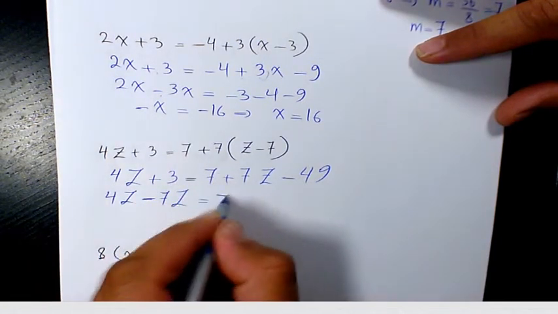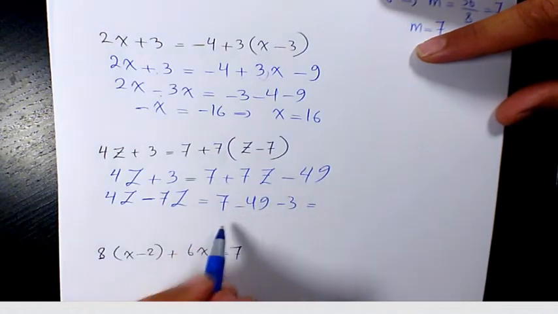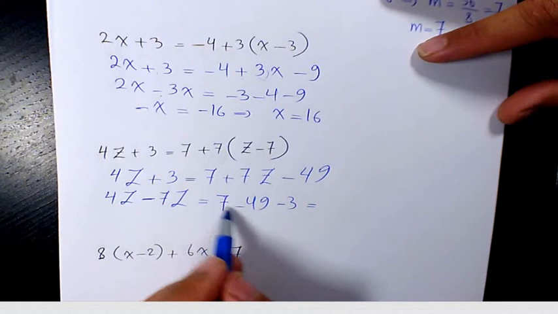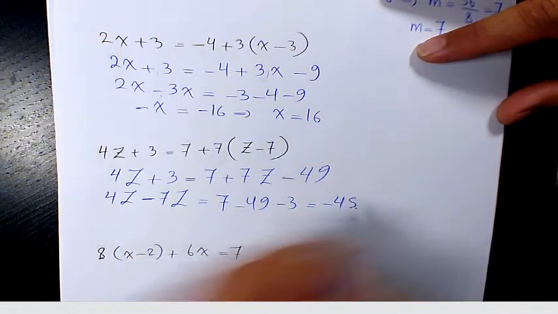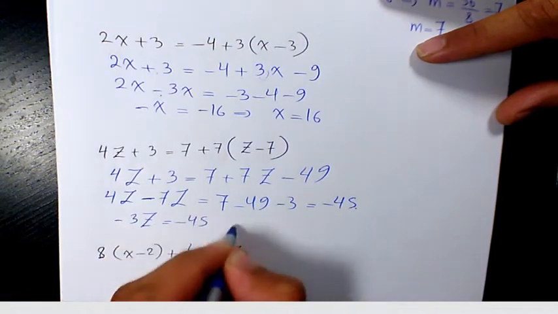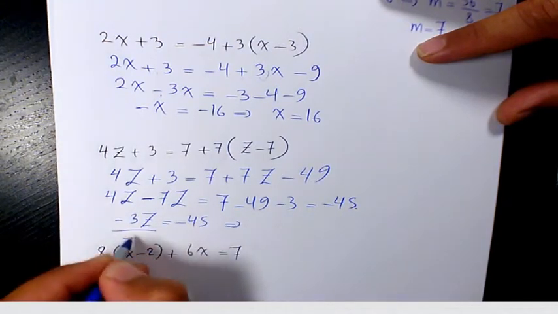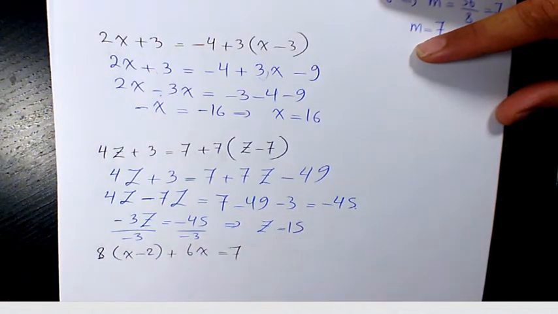So we have 7 here, negative 49 minus 3. So that's going to be 7, negative 42, negative 45. Here you have negative 3z equals negative 45. When you divide both sides by negative 3, z is going to be 15.